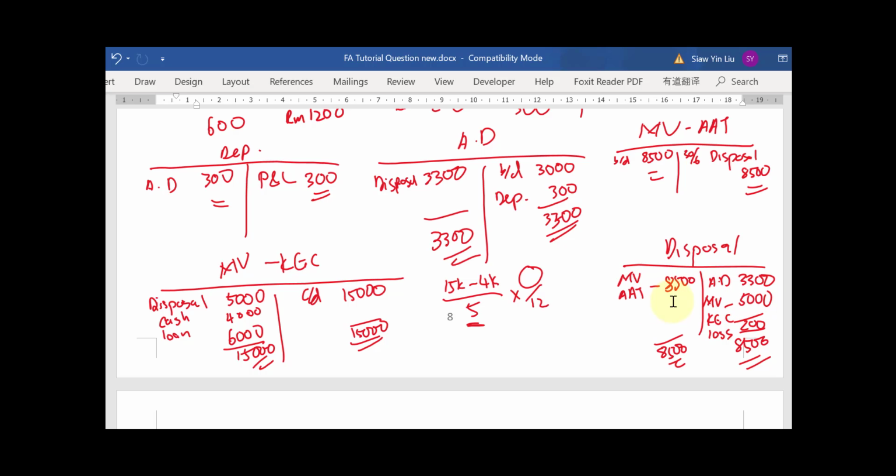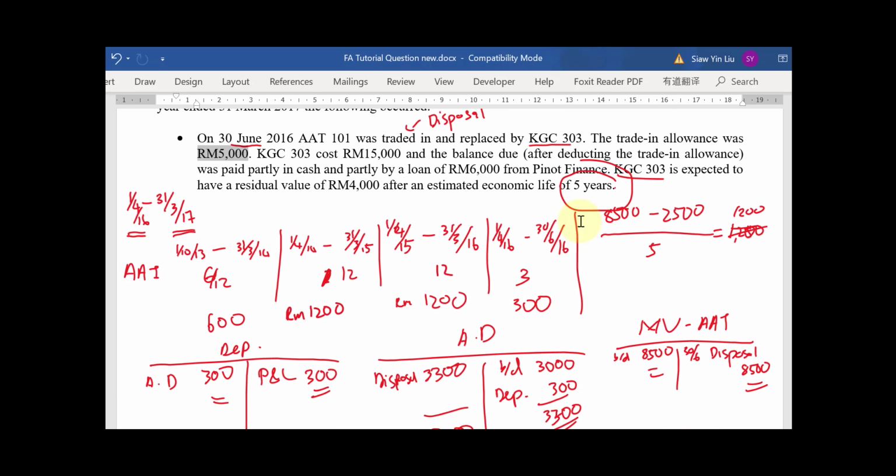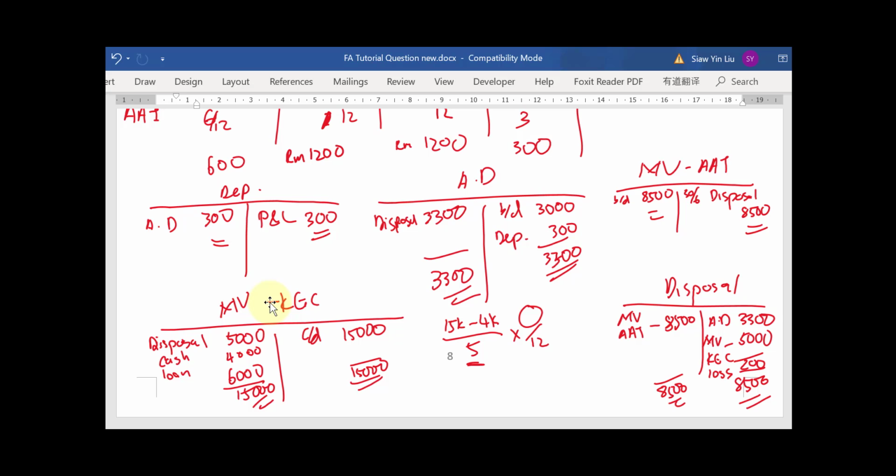So after you calculate, the total here is 5,000 minus 5,200. So you have a loss of 200. So record 200 loss. Now, bear in mind, this question mentions that you traded in with another car. This car's trade-in allowance is 5,000 and the total cost of this car is 15,000. So now you have another account, the motor vehicles account.